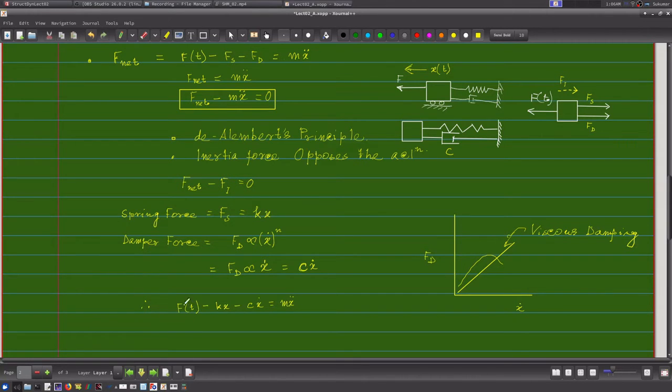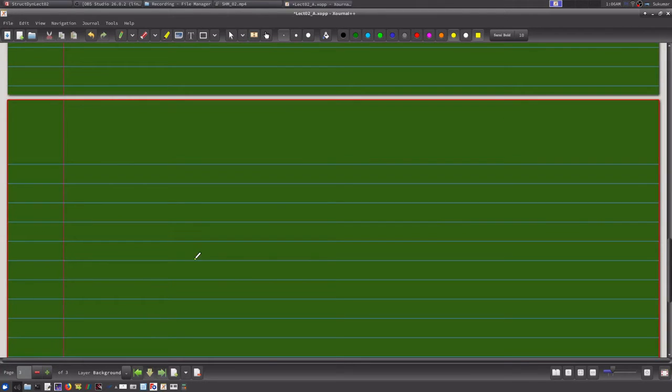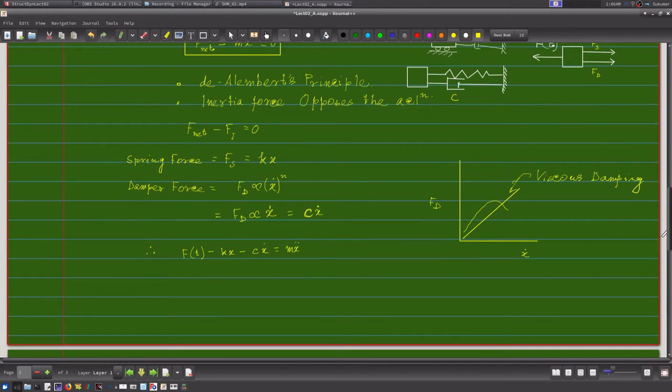Now by transposing the terms, what we get from here is m x double dot plus c x dot plus k x equal to the external dynamic load Ft.